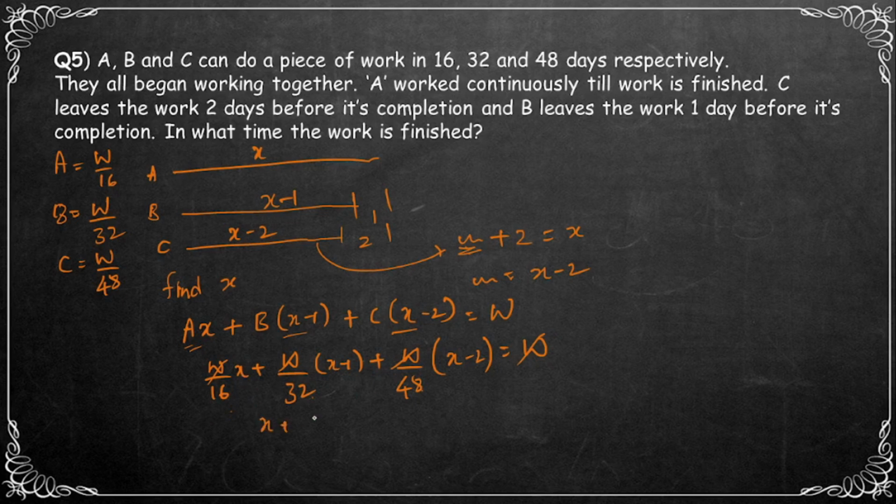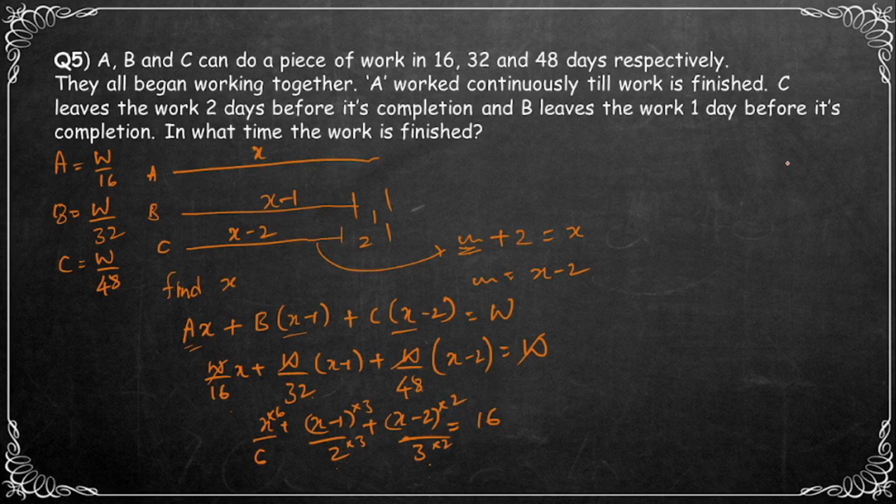So x plus x minus 1 by 2 plus x minus 2 by 3 is equal to 16. The LCM of 2 and 3 is 6. So into 6 into 3 into 2. So if we solve this, 6 goes that way.